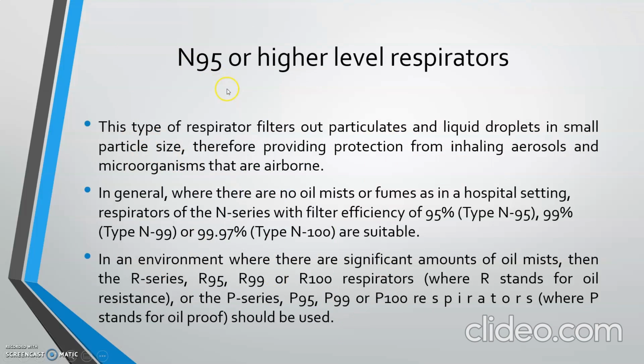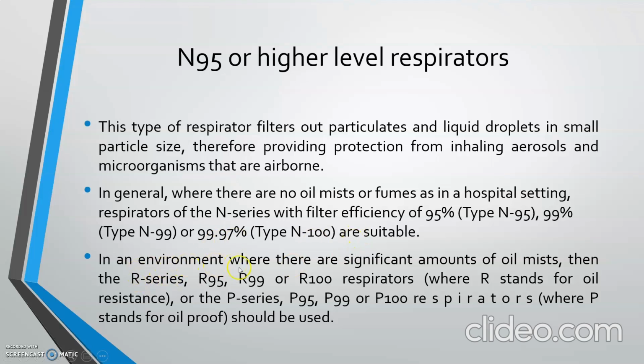For N95 or higher level respirator, this type of respirator filters out particulate and liquid droplet in small particle size. Therefore, they provide the protection from inhaling aerosol and microorganisms that are airborne. In general, there are no oil mist or fume as in hospital setting. Respirator of the N series with filter efficiency of 95%, 99% or 99.97% are suitable.